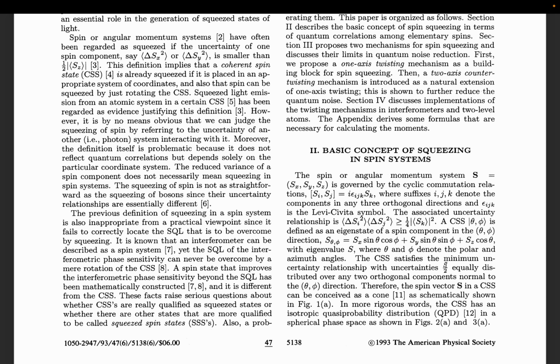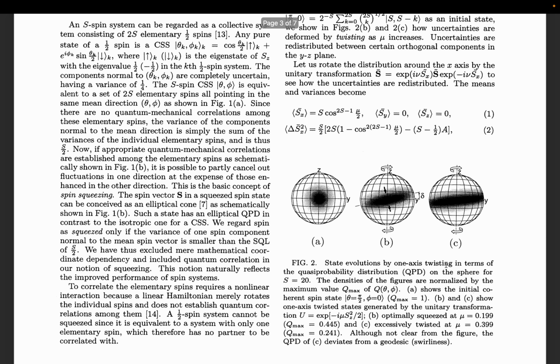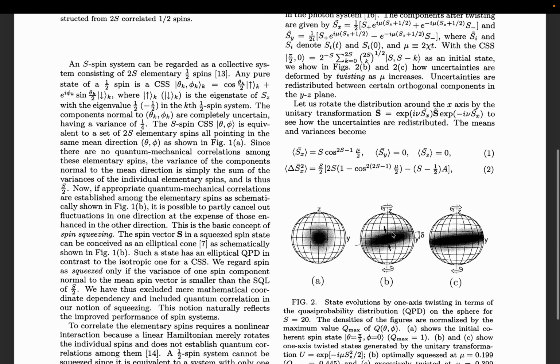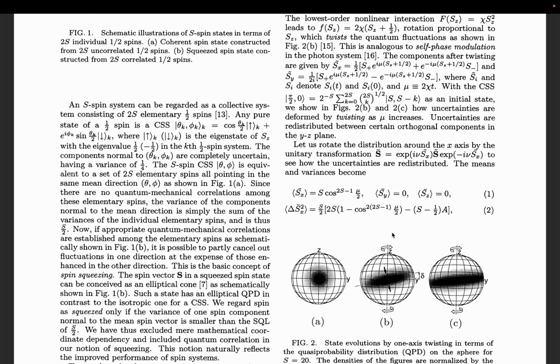To establish the definition of spin squeezing, first we need to consider a spin S system as made up of 2s elementary spin half systems. A coherent state ket theta comma phi is the collection of 2s spin half systems all pointing in the same theta comma phi direction.